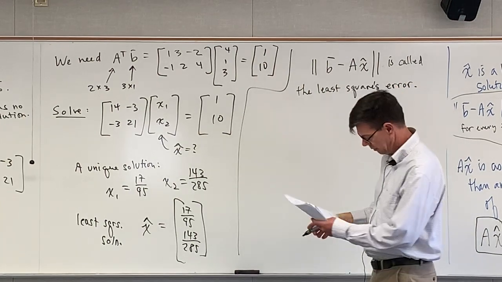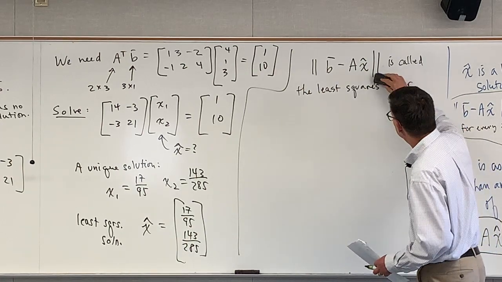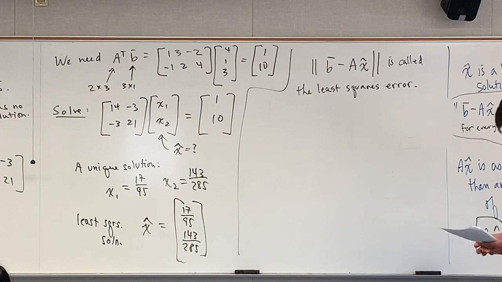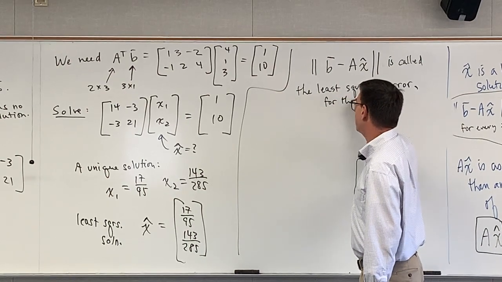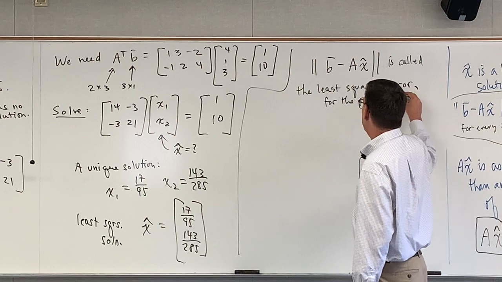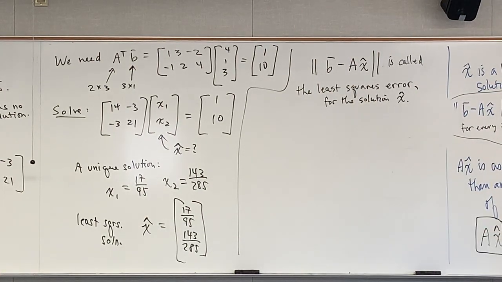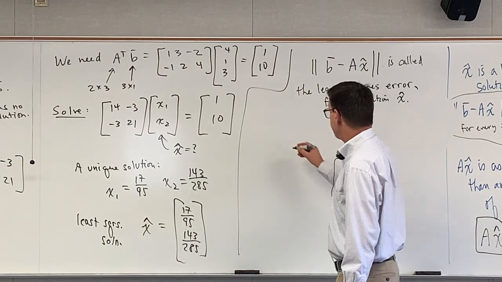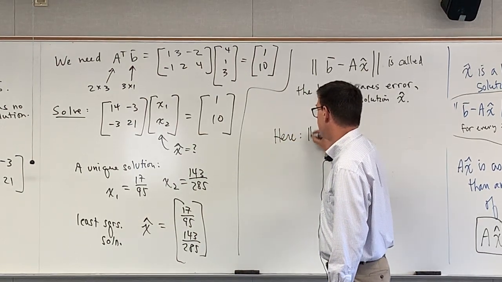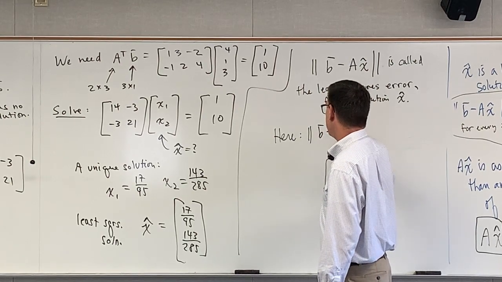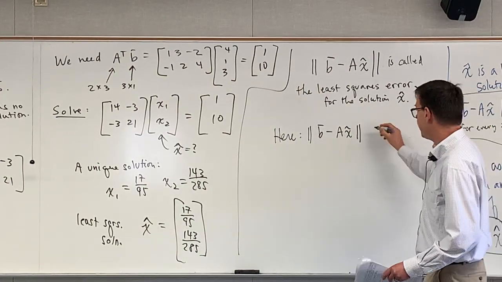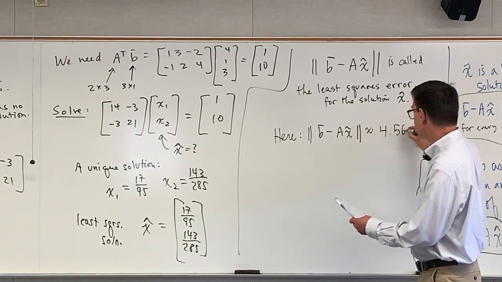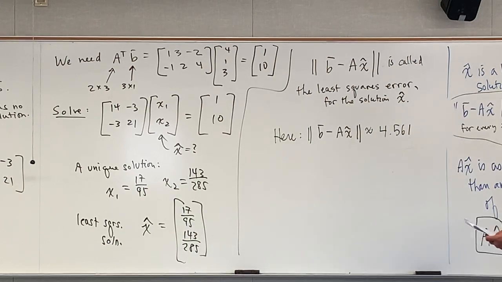For this problem, the magnitude of B minus AX hat, well, the fractions are already out of control with X hat, so I'm just going to give you a value here, about 4.561, an ugly looking decimal.